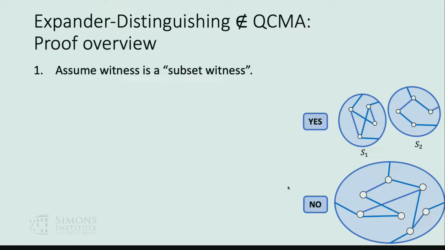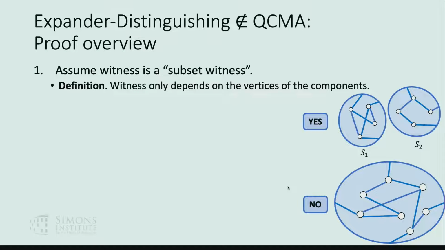Okay, I'm going to say it again. So proof over U, assume it's a subset witness. What is a subset witness? It's a witness that only depends on the vertices of the components. So in the yes case here, you can only give me a witness that knows about S1, what vertices are here, and what vertices are here. It cannot know the exact edges inside here, just the vertices, just the subset.